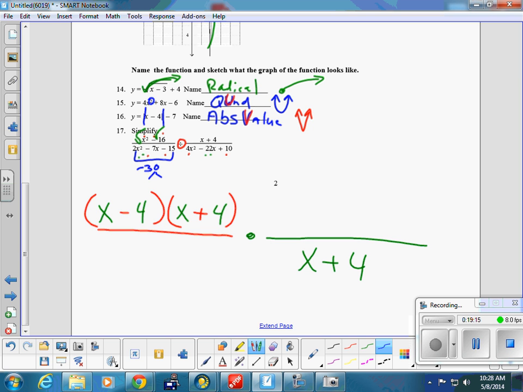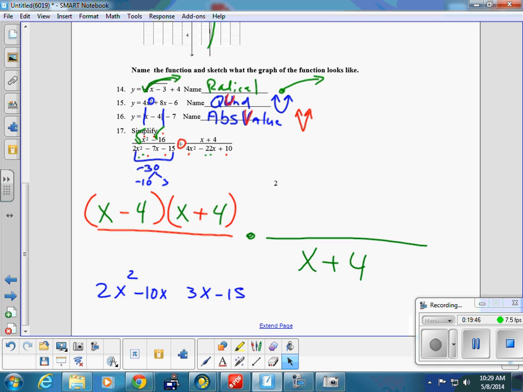Negative 30 that add up to negative 7. 6 and 5, no. 2 and 15, hold on, I'm stumped here. 3 times 2 is... 10 and 3. Silly rabbit. 10 and 3, and the 10 has to be negative. Now, what do you do with that? You do not go right to here. You have to take that and take the 10, put it there, and the 3, put it there.